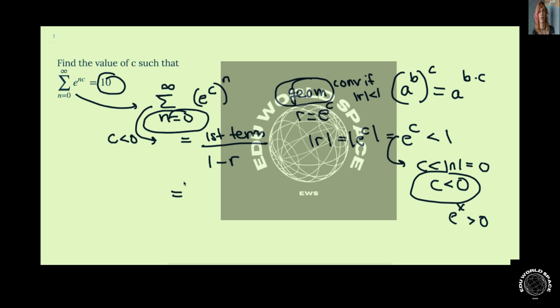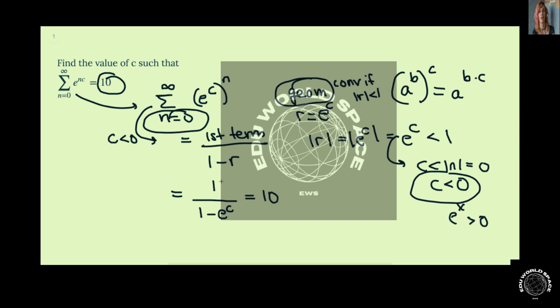So in this case, the first term, plug in n equals 0, and you get e to the 0, which is 1, over 1 minus r, which is e to the c. And we want this to be equal to 10.